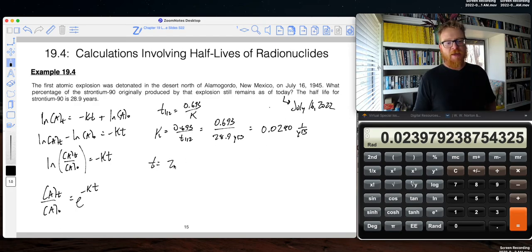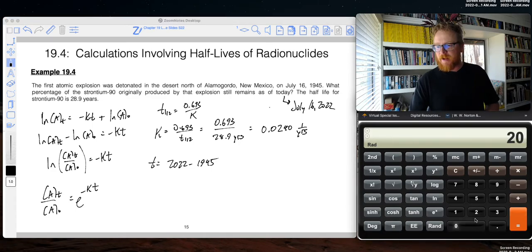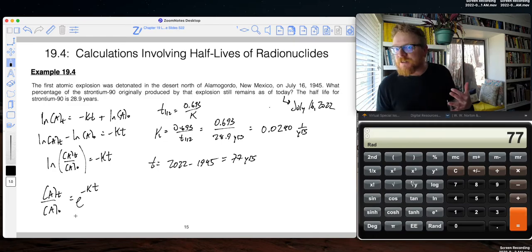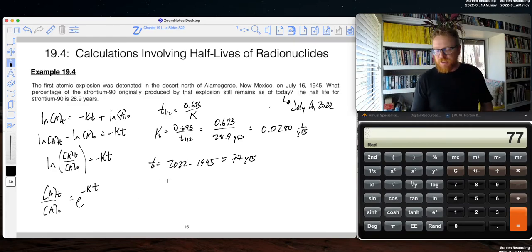Okay. And now we've got to get a time out of that. So we'll just say from 2022 minus 1945, that's going to be, I was going to do it in my head, but I've got a calculator right here. 2022 minus 1945, something like 77 years. Okay. And so now this calculation for just estimating the percentage of something that remains is really straightforward.